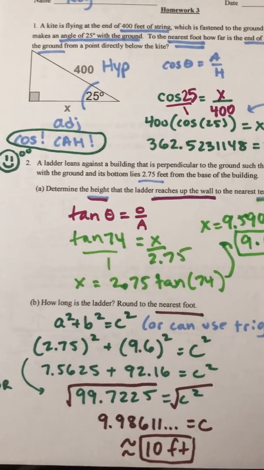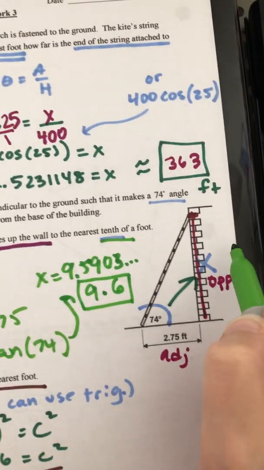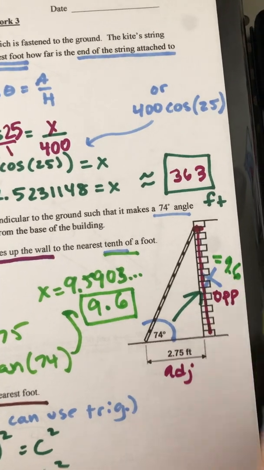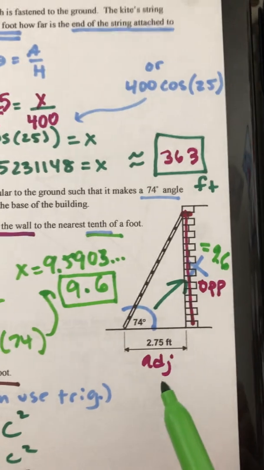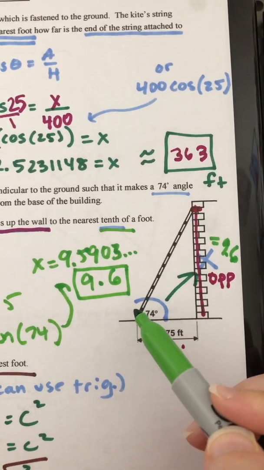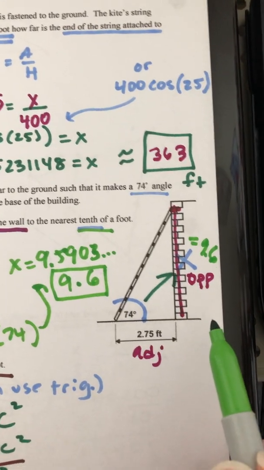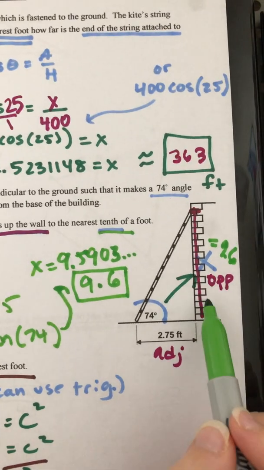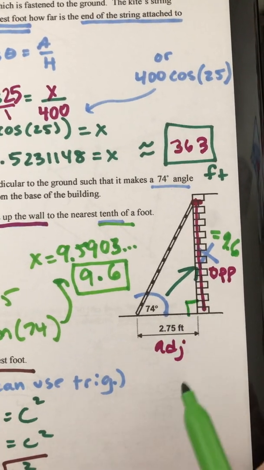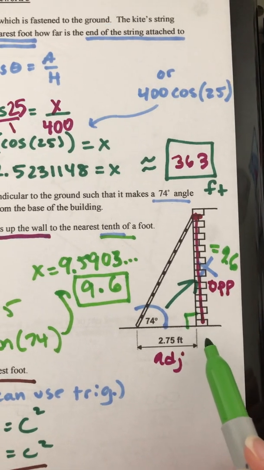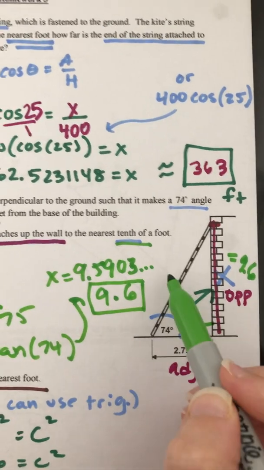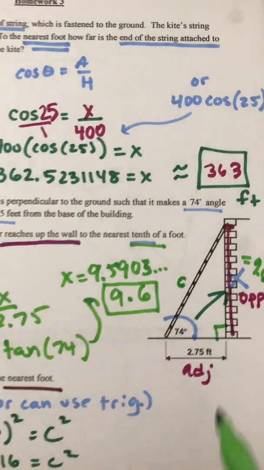Now there's a follow-up question. How long is the ladder itself? Well, we just found that the opposite is 9.6. Sorry for my squishing the 9.6, but now you see that two of the numbers we know, one number we don't. Well, in a trig question or any of these real-life examples, the tall object makes a right angle with the ground, that's perpendicular to the ground. This is a right triangle, and you can find the missing side c, the hypotenuse, with the Pythagorean theorem.